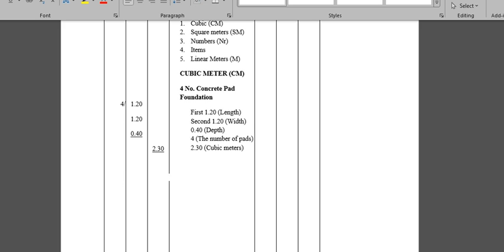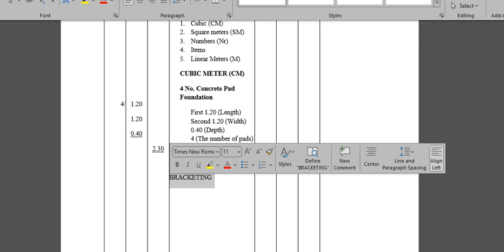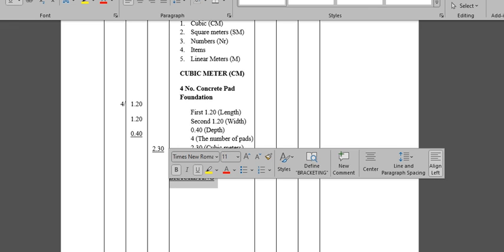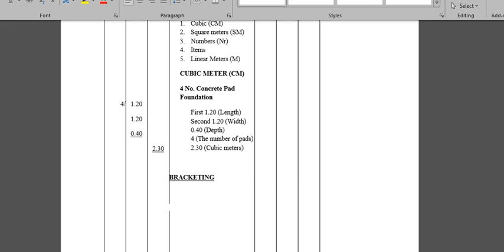Then another concept that we are going to do is what we call bracketing. So in this case, we've already shown our figures, dimensions for that matter.